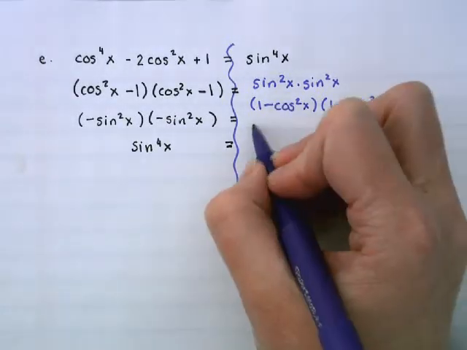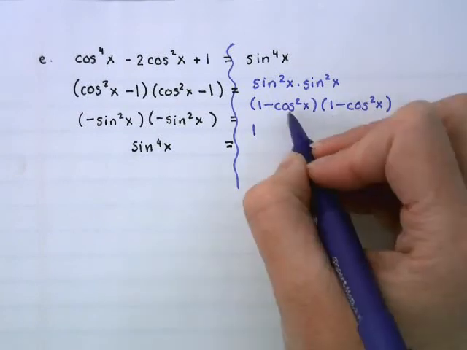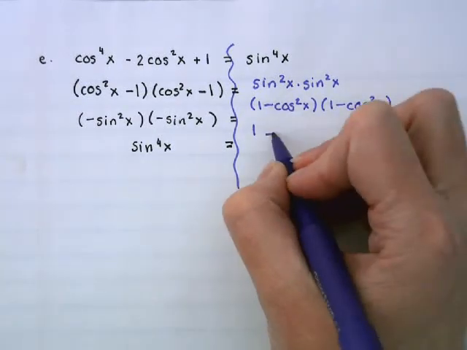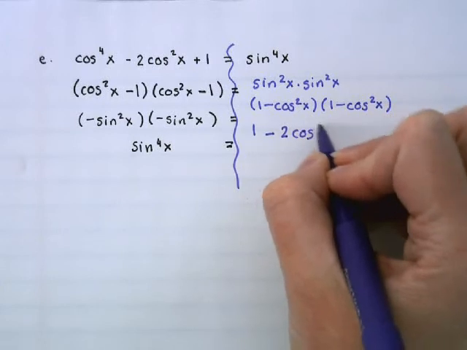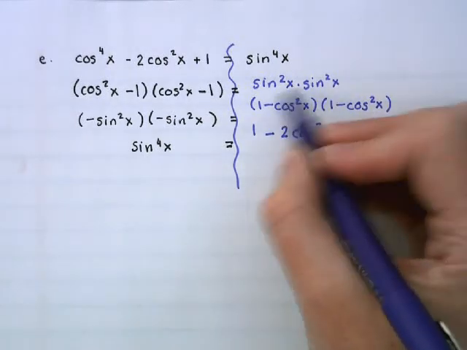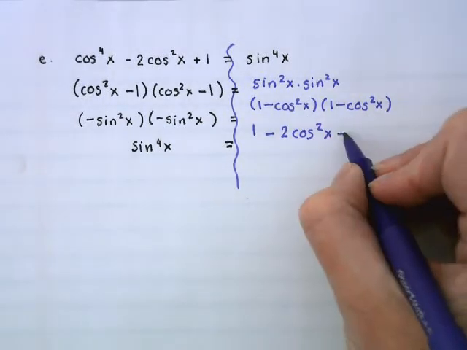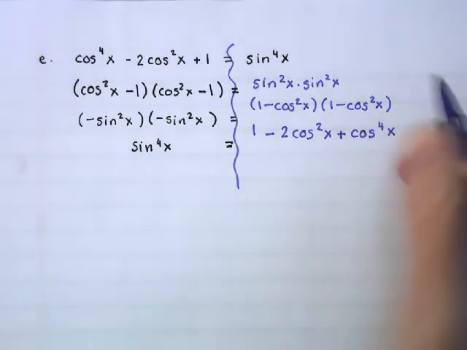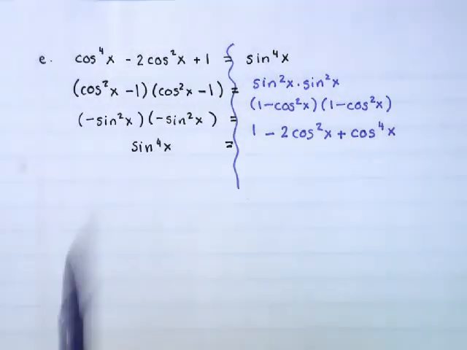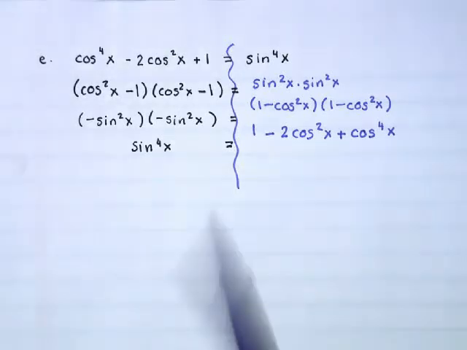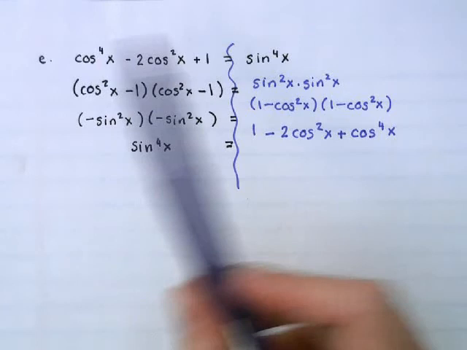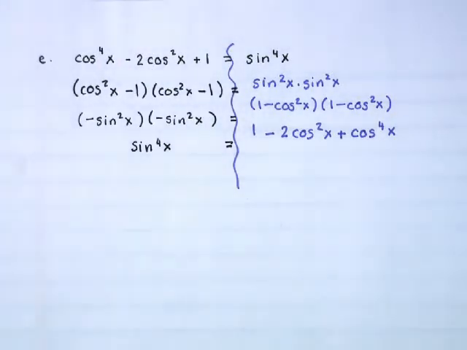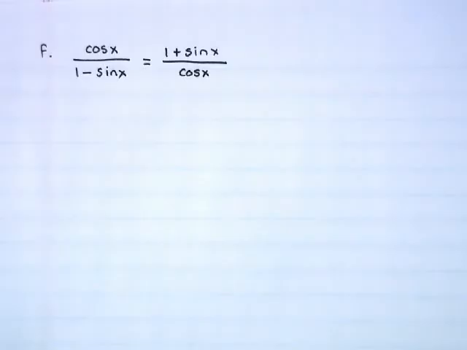So 1 times 1 is 1, 1 times negative cosine plus 1 times negative cosine is negative 2 cosine squared. And then negative cosine squared times a negative cosine squared is going to be a positive cosine to the fourth x, which is what we have here, just in a different order. So you don't always have to pick one side over the other. You can typically take the simpler side and turn it into the more complicated side if you just think about where you're headed.